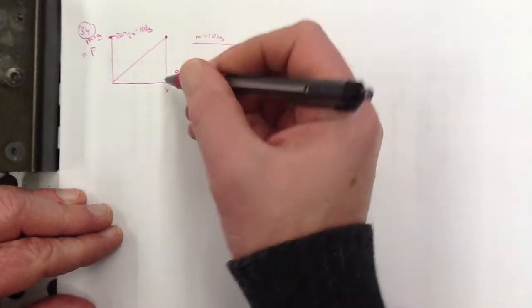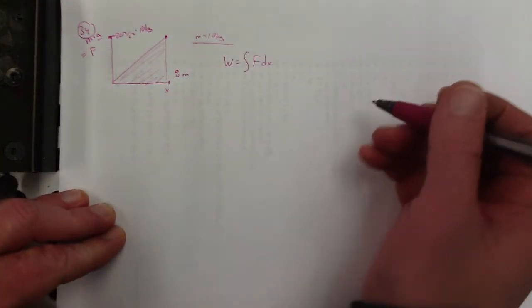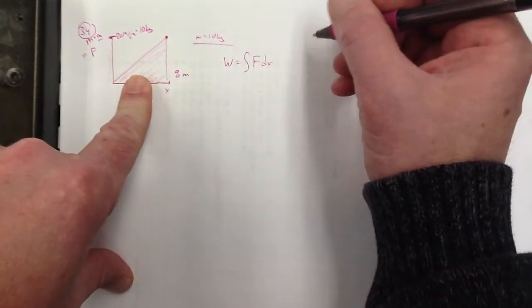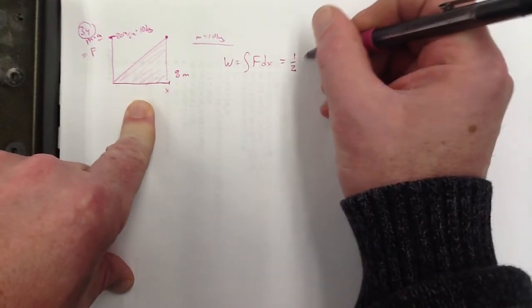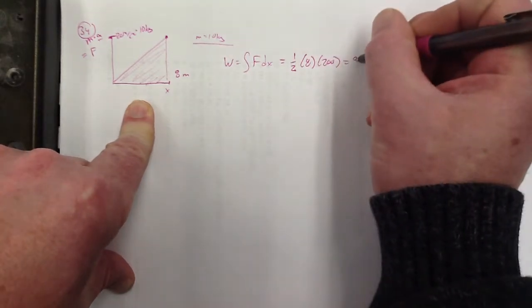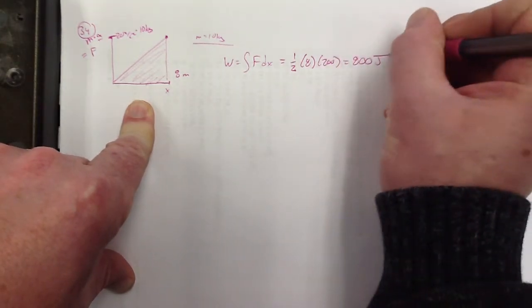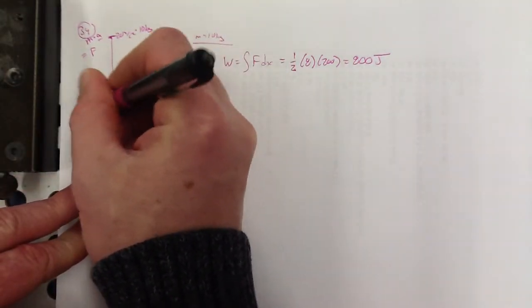And then I just have a triangle that I need to find the area of. So the area of that is going to be 1/2 base times height. So that looks like it's going to be 800 joules. Cool.